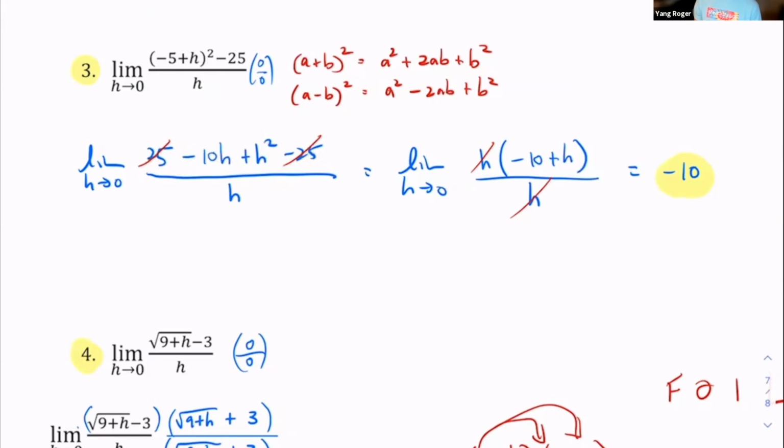And now after I've canceled the 25s, I have a common factor of h. So I can factor that common factor of h out, times -10 plus h. And then you could cancel the h's. So you just end up with -10 plus h. And now I substitute at the last step because I have no 0 in the denominator. So I can just plug it in. Direct substitution property at the end. Does that make sense?